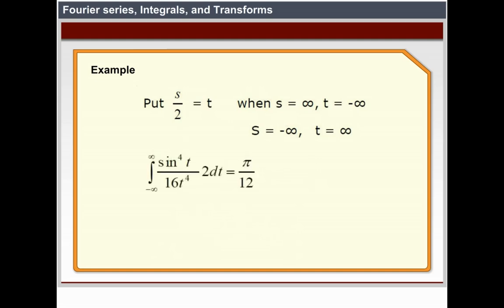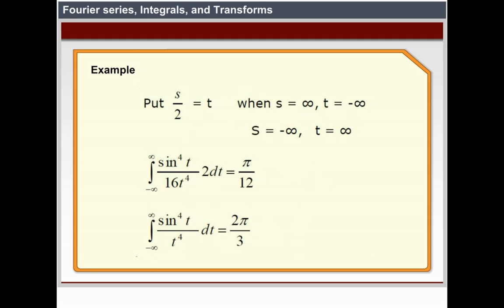The integral from minus infinity to plus infinity of sin^4 t / (16 t^4) times 2 dt equals π/12. Then the integral from minus infinity to plus infinity of sin^4 t / t^4 dt equals 2π/3.